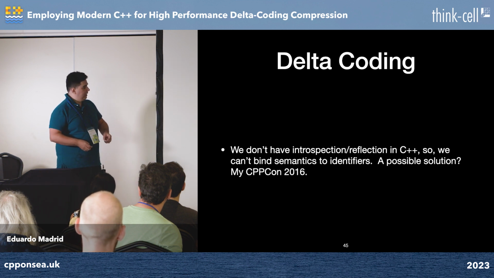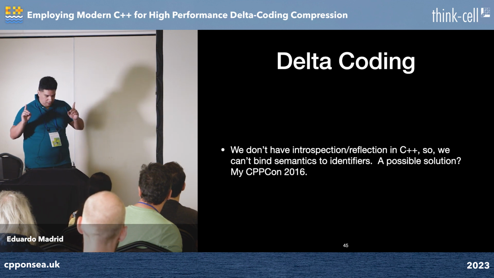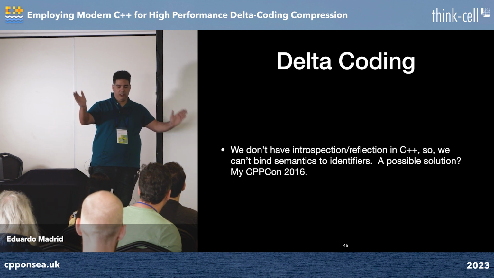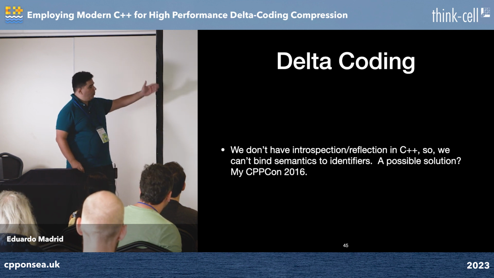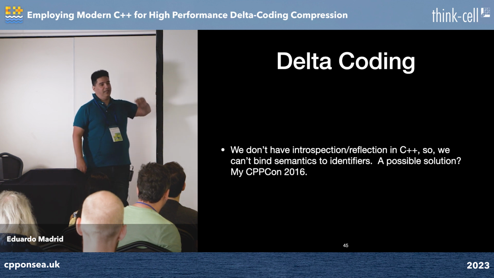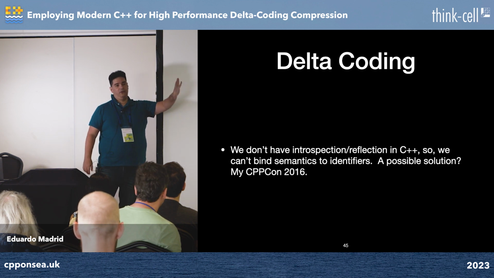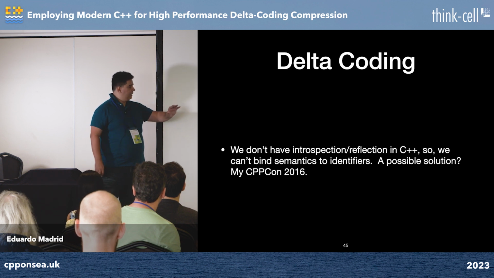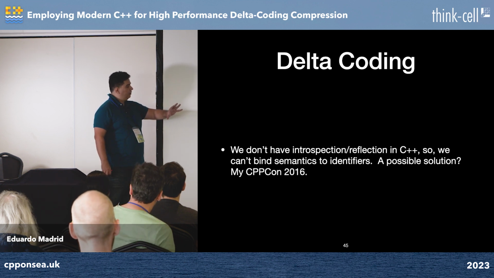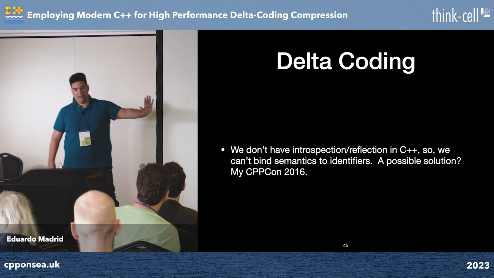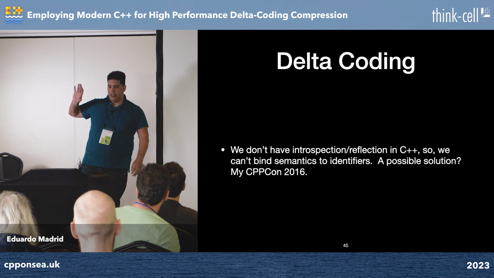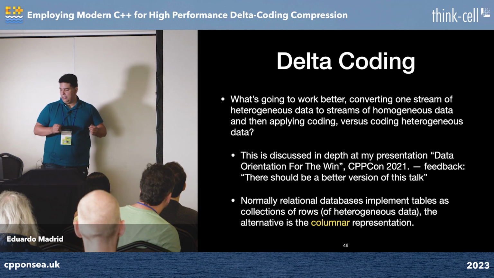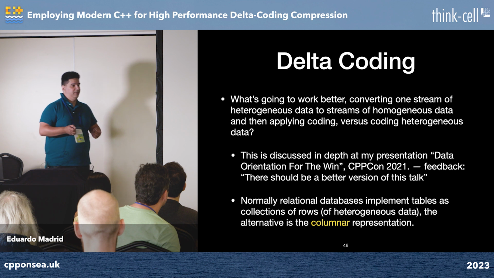And the limitation is on two orthogonal dimensions. Number one, the dimension of assigning the semantics of what is the compression scheme for a particular data type, which is necessary by itself. And also, the next thing that I'm going to talk to you about is what do you think is going to work better?